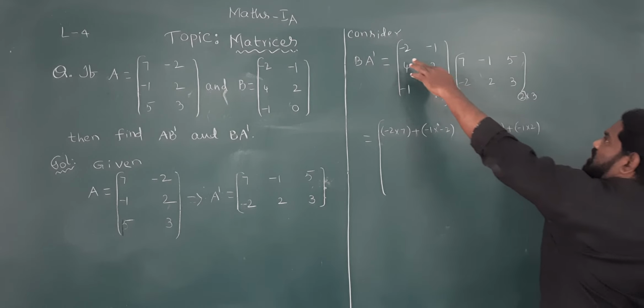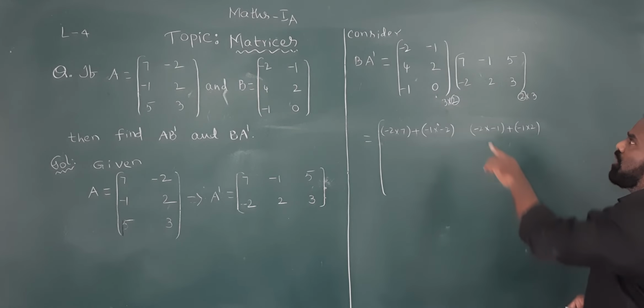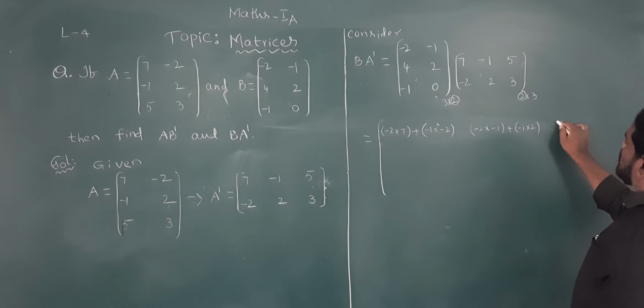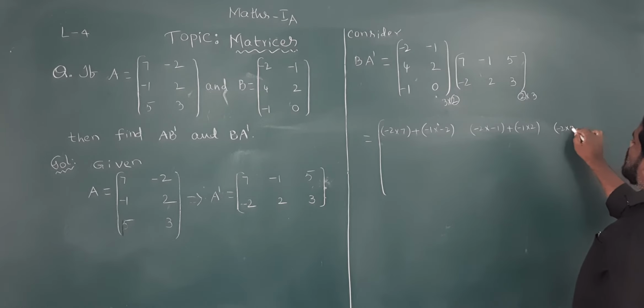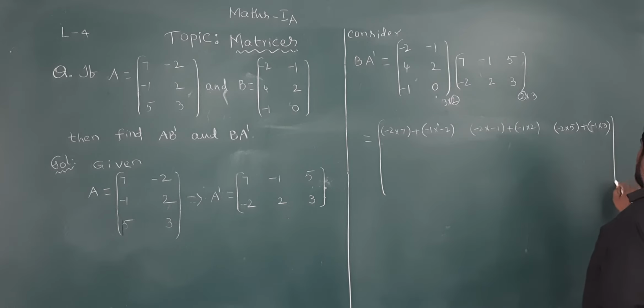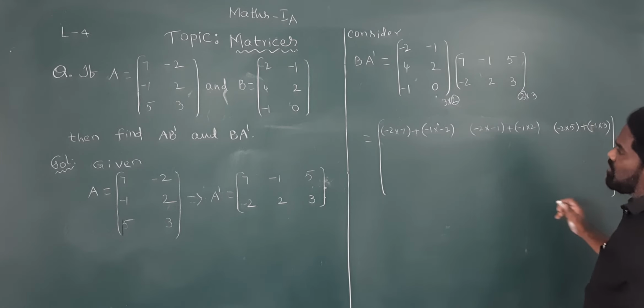Next, first row, third column: minus 2 into 5 plus minus 1 into 3. Now it can be taken like this.